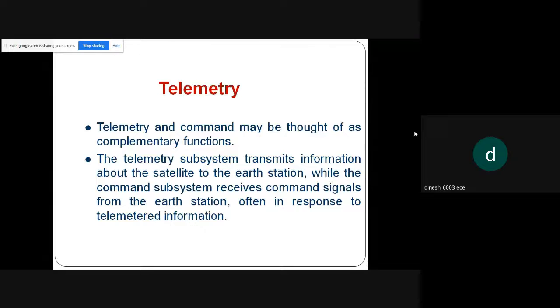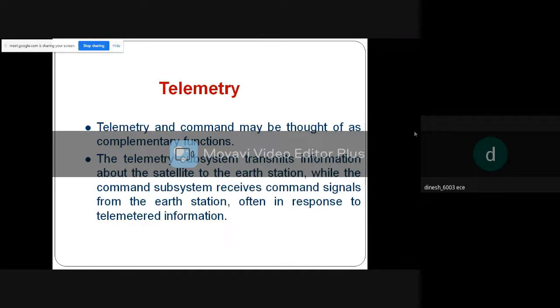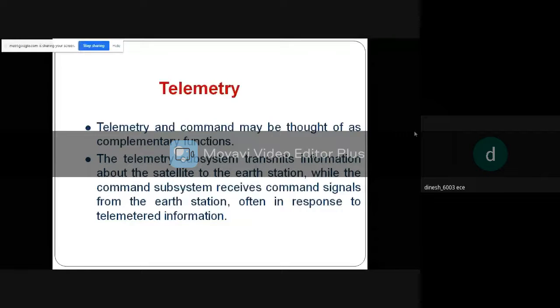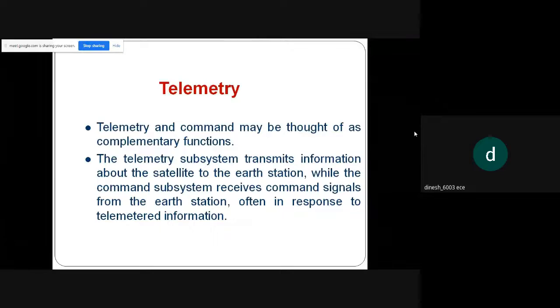The information about the satellite, its functions or malfunctions or its observed data is transmitted to the Earth from the satellite as a telemetry signal, and in response a command signal will be sent from the Earth depending upon the information received to the satellite, which we call the command subsystem or the command function.